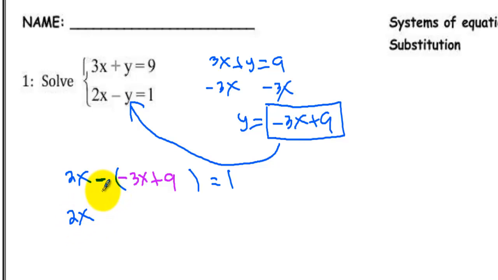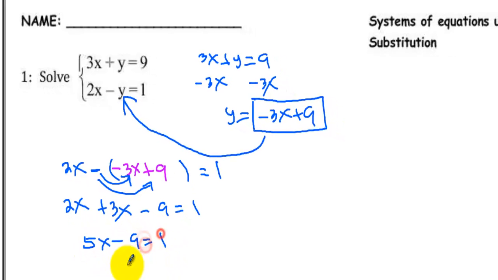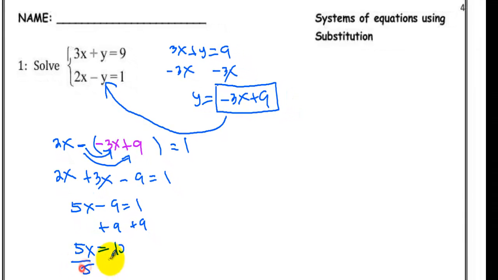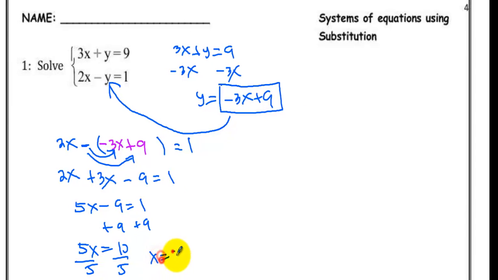Now distribute the negative sign. So negative times negative 3x, that's plus 3x. Negative times positive 9 is negative 9 equals 1. Let's solve for x. 2x plus 3x is 5x minus 9 equals 1. Add 9 to both sides, we'll get 5x equals 10. Divide by 5, we will get x equals 2.